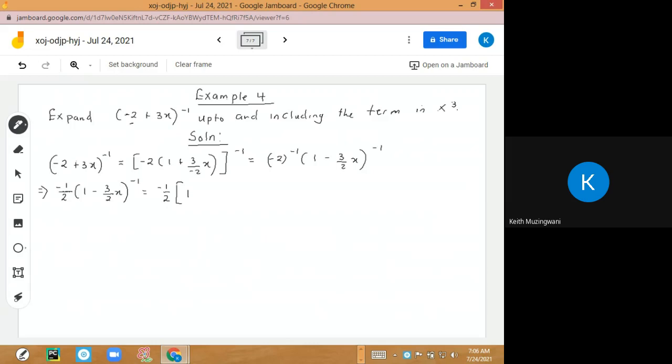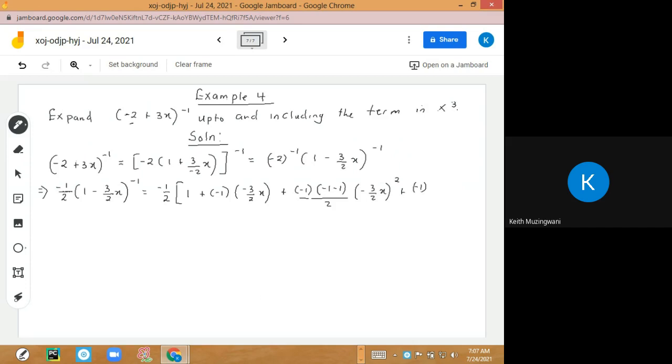So it will be 1 plus the power, negative 1 where you're writing n, multiplied by negative 3 over 2x, plus n minus 1, that is negative 1 minus 1 over 2, negative 3 over 2x to the power 2, plus negative 1.